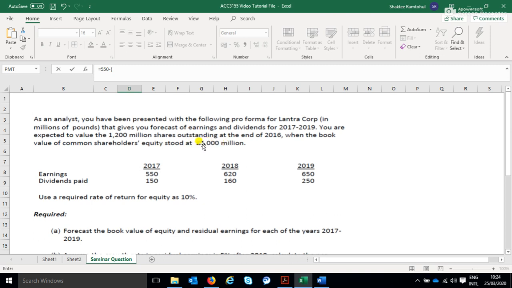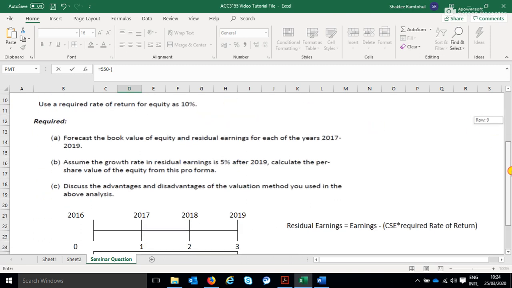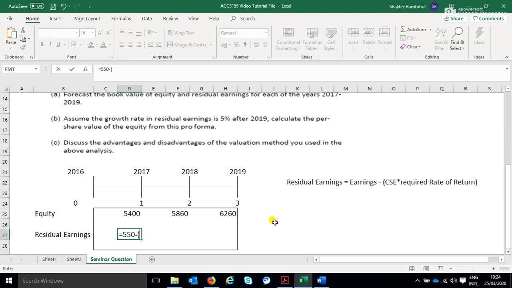Going back to the end of 2016, the equity figure stood at 5,000. So the shareholders were expecting a required rate of return of 10% on 5,000. So 5,000 multiplied by 0.1.